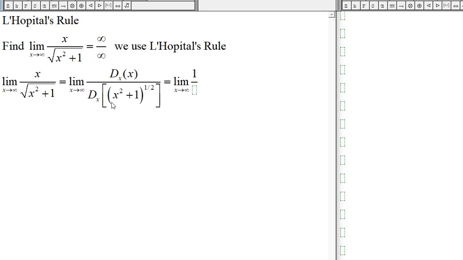And then to find the derivative of this expression, we just use the chain rule. So it would be the exponent 1 half times x squared plus 1, and then exponent 1 half minus 1 is negative 1 half, and then by the chain rule we have to do the derivative of x squared plus 1. The derivative of x squared is 2x, derivative of 1 is 0, so we get 2x.